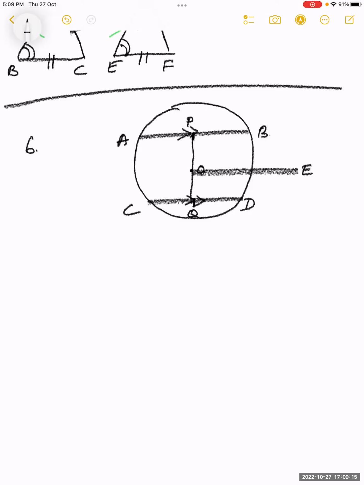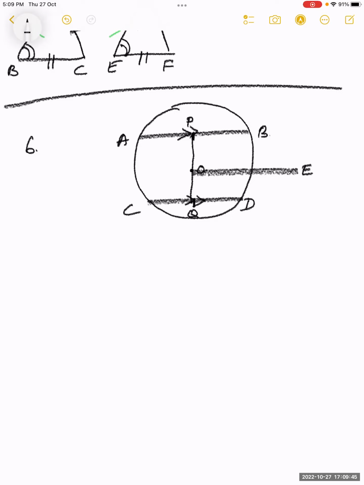Now, what is the next thing that we need to do? What all are equal, which are not equal, all that we have to see. Can we consider PQ as a transversal? Siddharth, Nalin, can I consider PQ as a transversal?